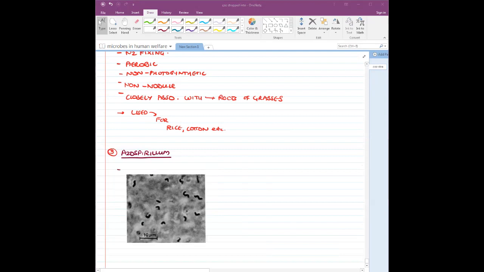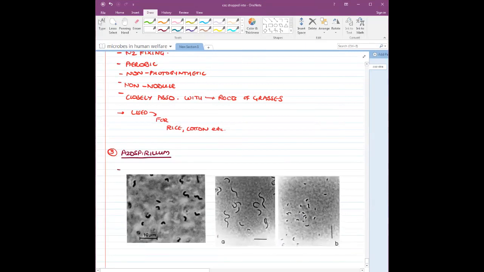Let me quickly search if I can get one more image of azospirillum. Okay, see, this is another one which we have got. This is how azospirillum is going to be.